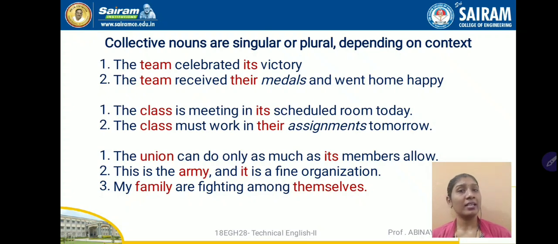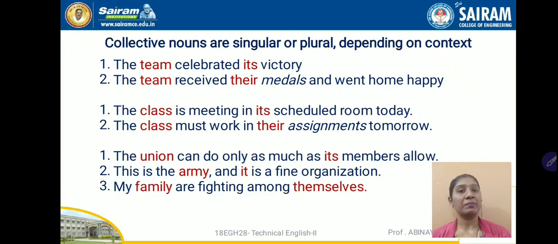So that is an individual activity. The union can do only as much as its members allow, singular obviously. This is the army and it is a fine organization. My family are fighting among themselves.